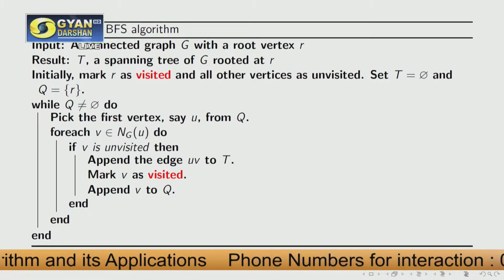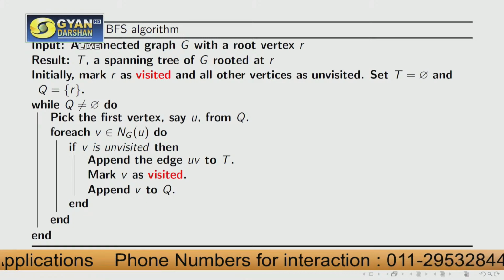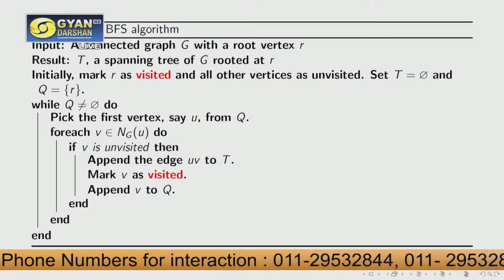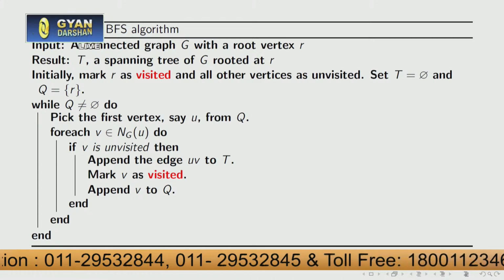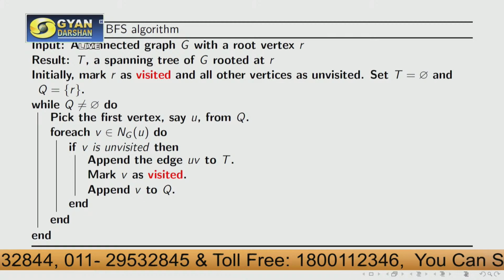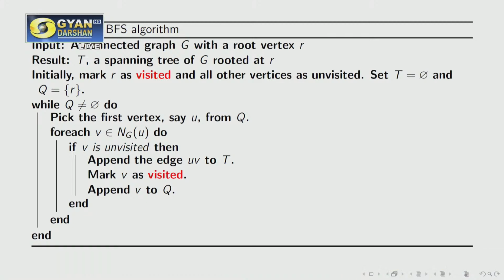And here the edge is also appended to the tree. These three steps can be replaced by other appropriate steps depending on the application which we are interested in. So we only have to keep in mind the general framework: while the queue is not empty, we pick the first vertex, say u, from the queue, and then for each neighbor v of u, we perform certain steps. That's what the general framework is.